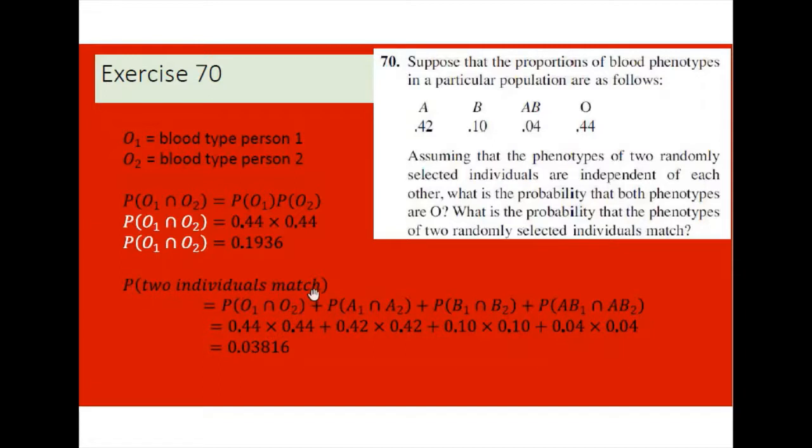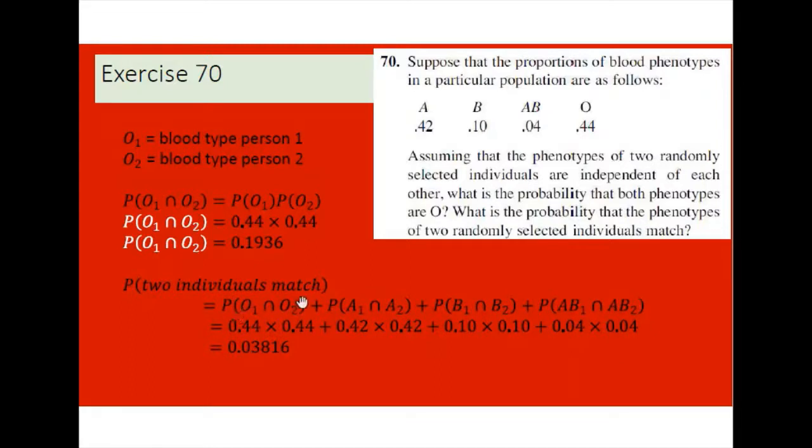So two individuals matching means that both of them, the first one O and the second one O, or the first one A and the second one A, or the first one B and the second one B, or the first one AB and the second one AB.